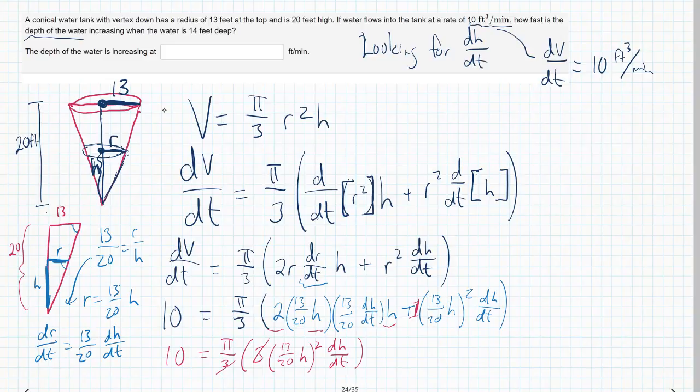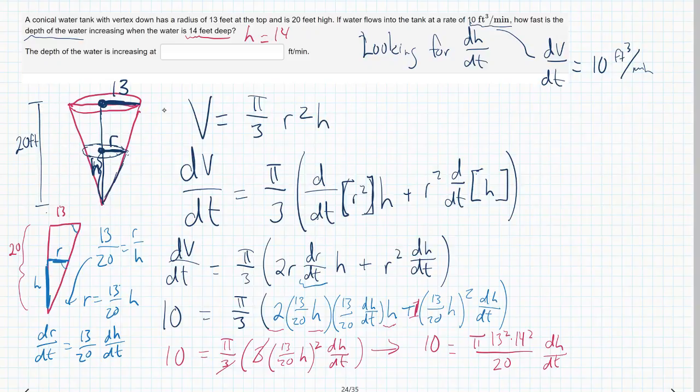Notice now the 3's will cancel, and so this gives us, we need to find what h is. h is 14 feet is the time we're looking at, so h equals 14, so you get 10 equals pi times 13 squared times 14 squared, all divided by 20 dh/dt.